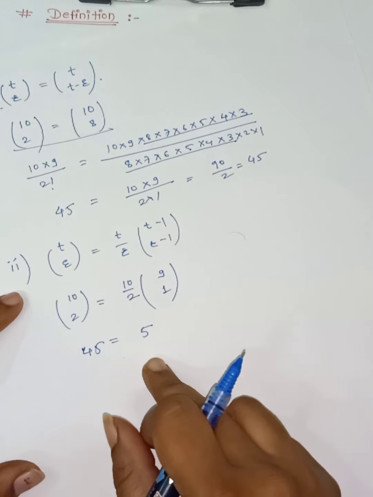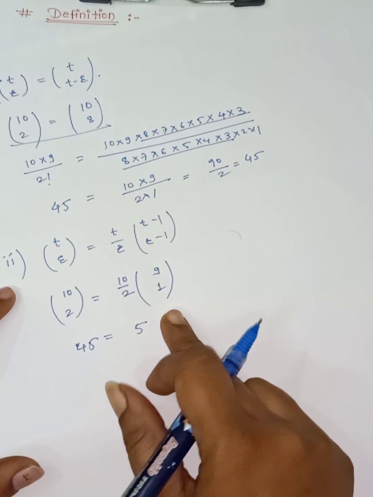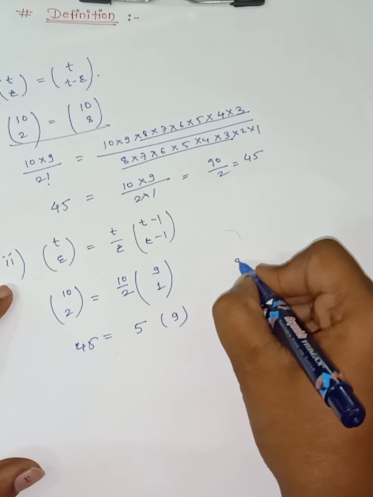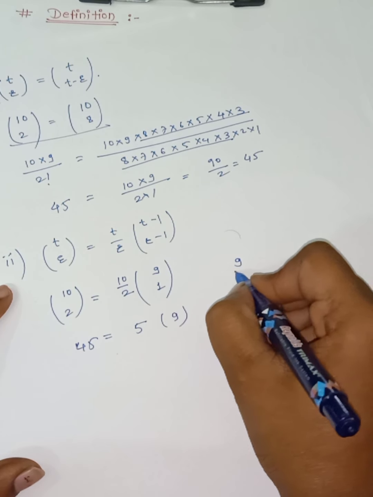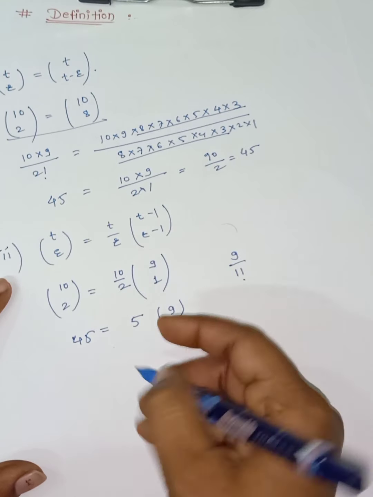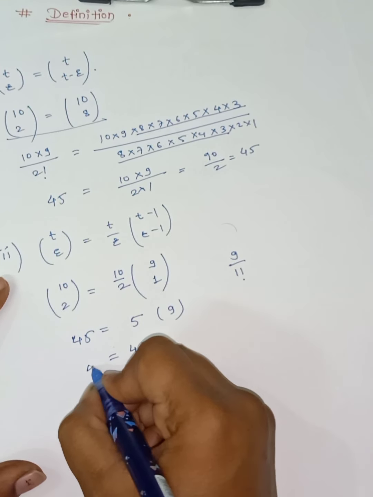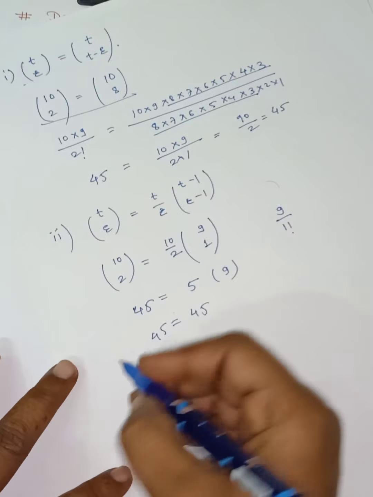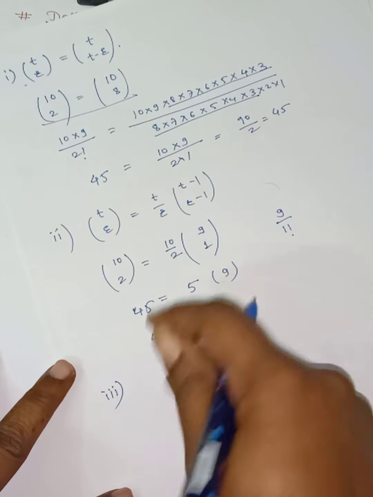So 10 by 2 is 5, and 10C2 is 45. And 9C1 is 9 upon 1 factorial. So 5 nines are 45, and here also 45. So the second one is also proved. And the third one, what is the third one?